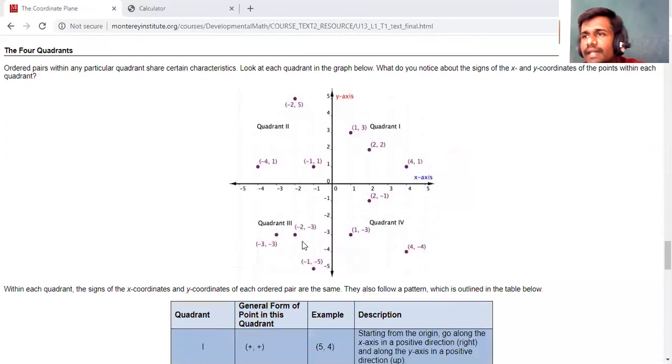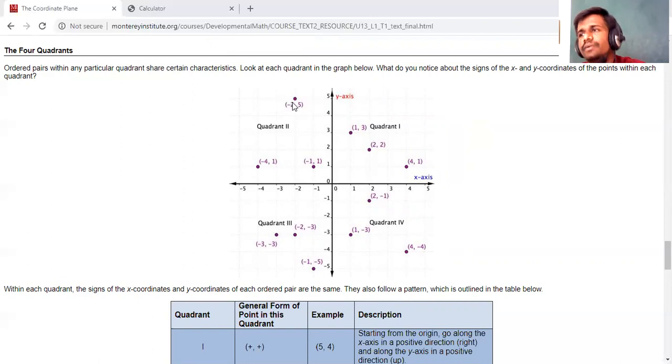Similarly, I will give more examples. (1, 3) is in the first quadrant, and (2, 2) is in the first quadrant. Both are positive: the x value is positive and the y value is positive, so all such points are in quadrant 1. Next, when the x value is negative and the y value is positive, for example (-2, 5): -2 is on the x-axis and +5 is on the y-axis.